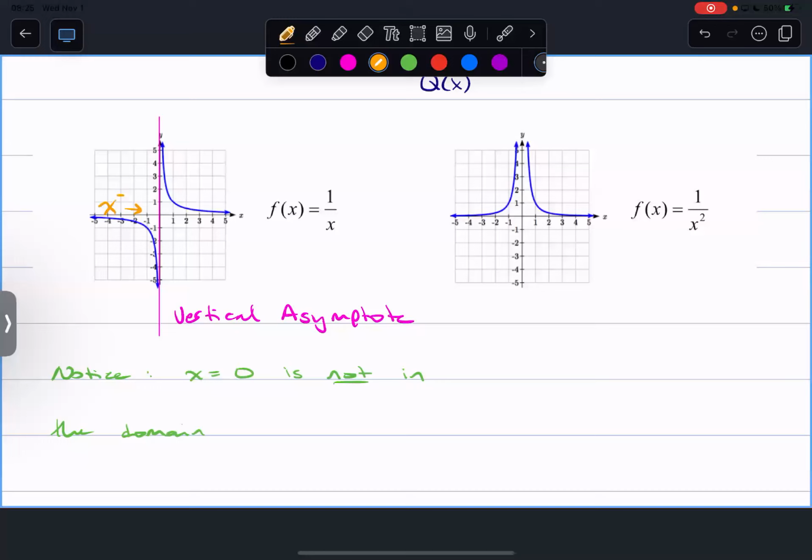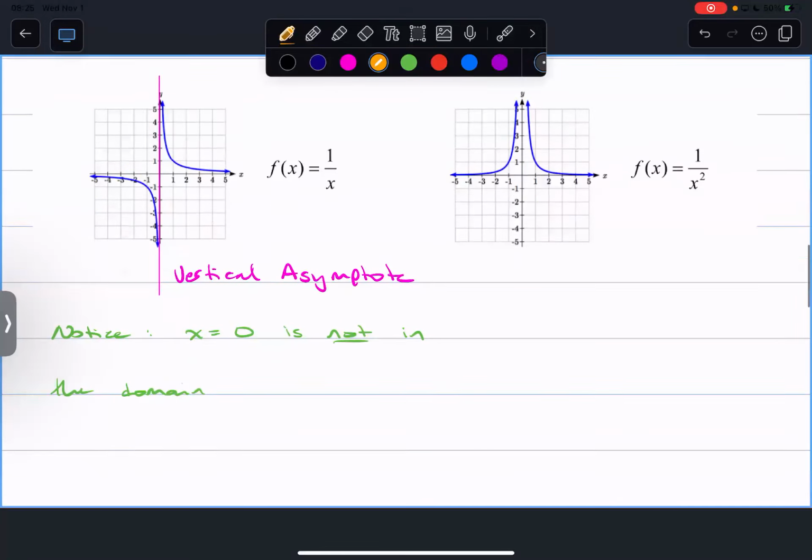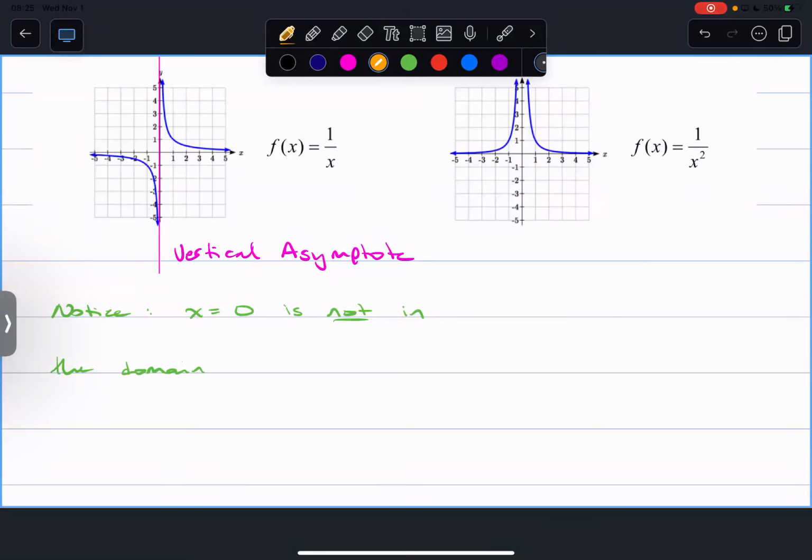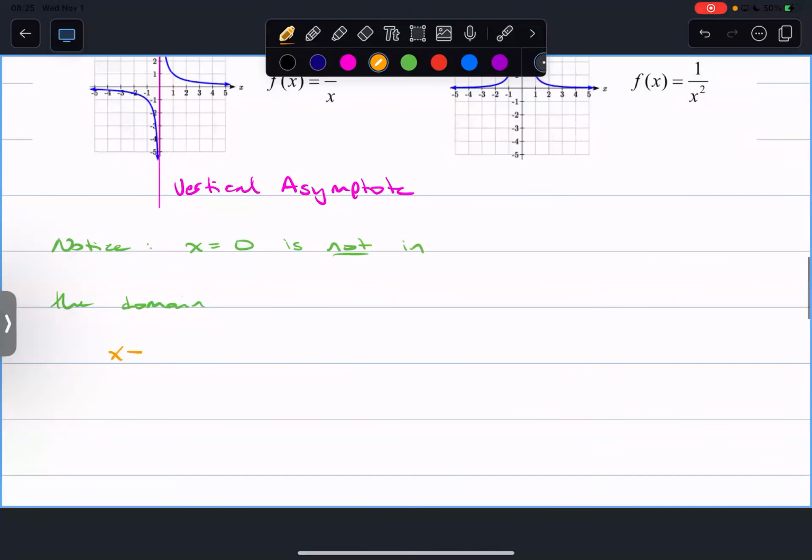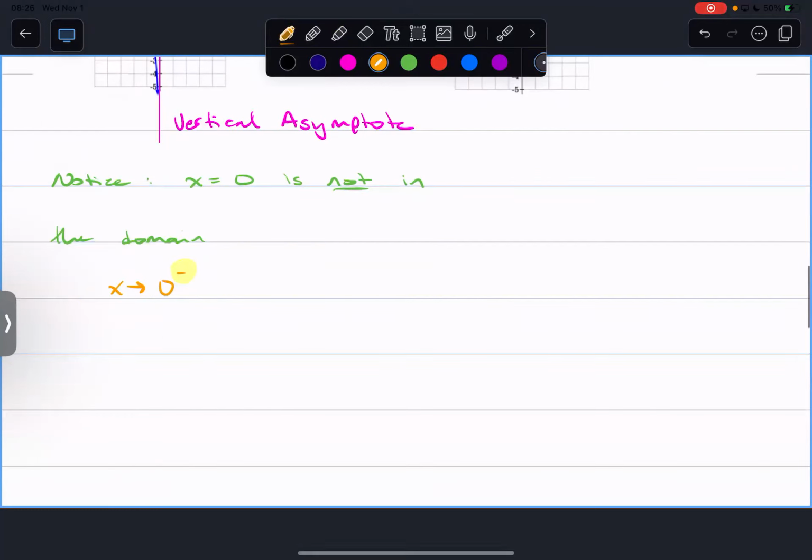So we say, X approaches 0 from the left, or from the negative side, that's fine.